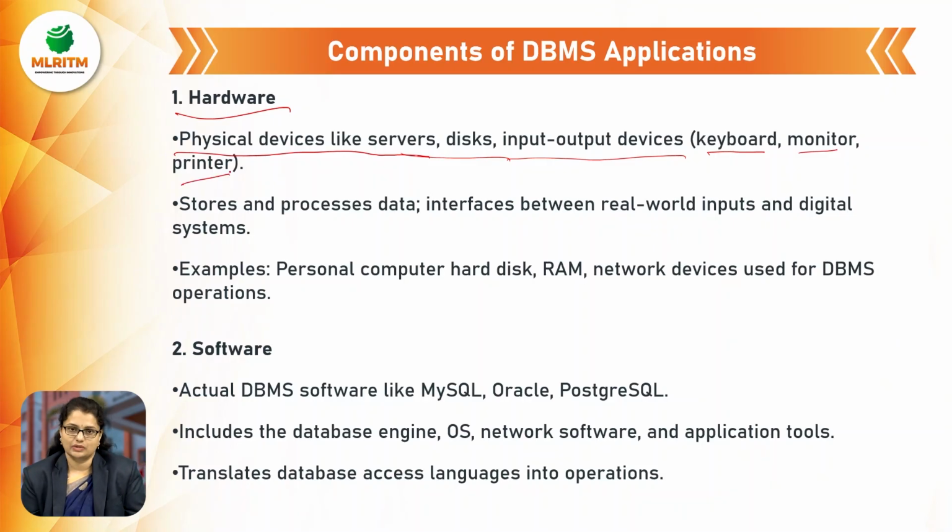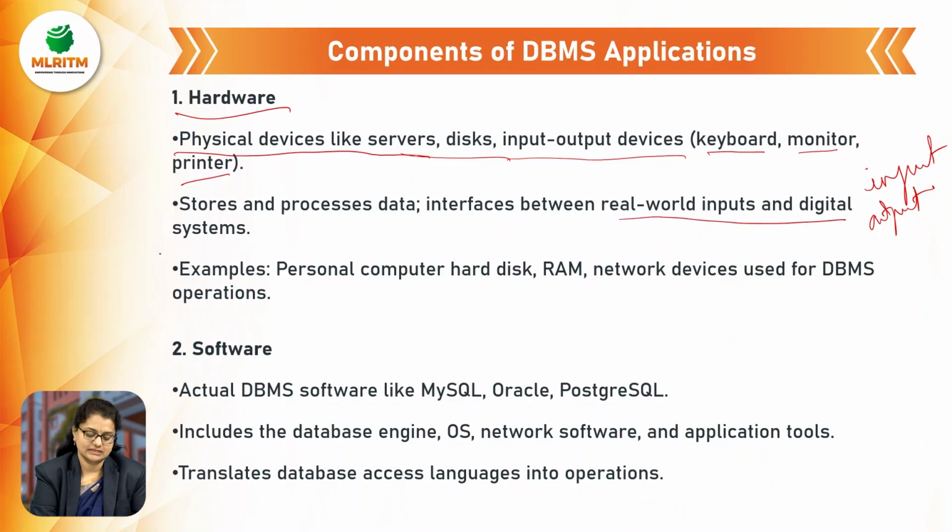By using these, we can give input to the system as well as get the output, and it stores and processes that data, acting as an interface between the real world inputs and the digital system. For example, we can take computer hard disk and ROM. These network devices are used for the DBMS applications. So these come under the hardware component of DBMS application.